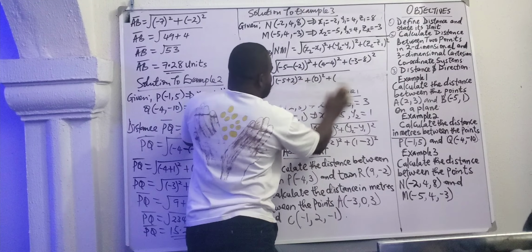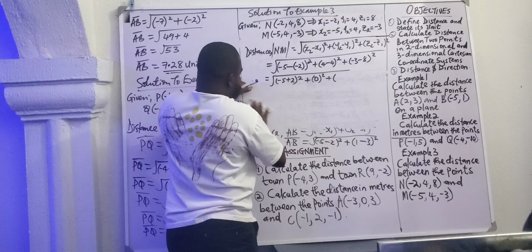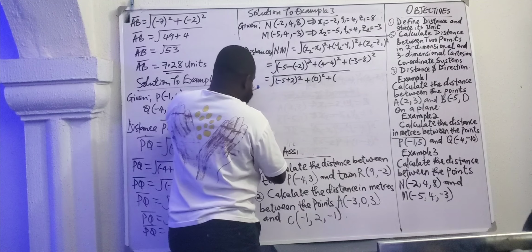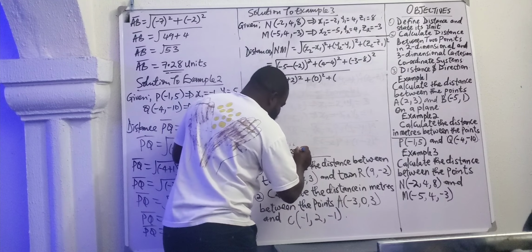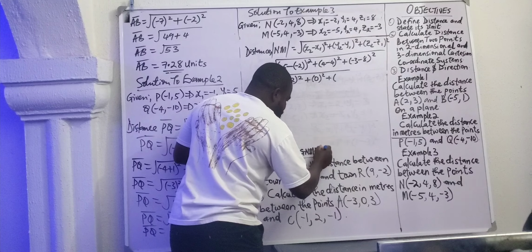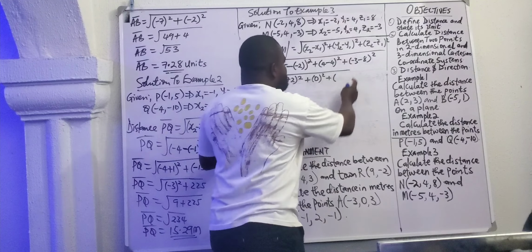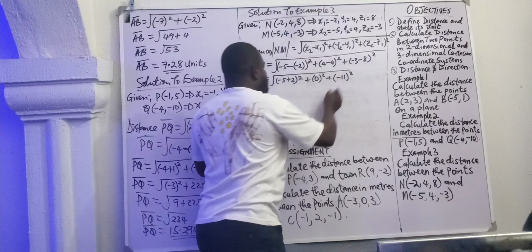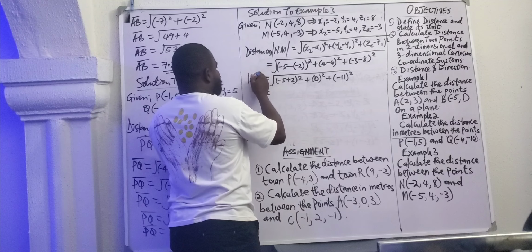Please take note of that point. When you do -3 minus 8, you are adding two negative values. That is not the same thing as multiplying two negative values. Please take note of that and do not make a mistake. So this will give me -11 all squared.